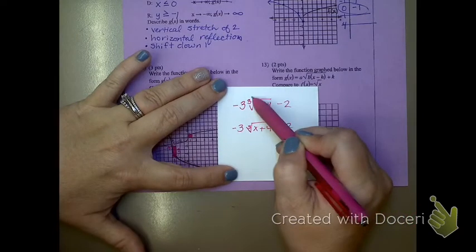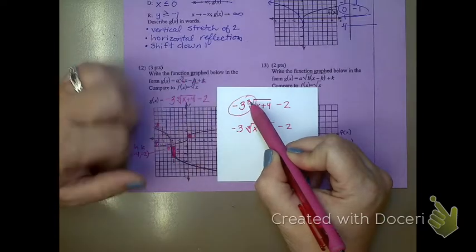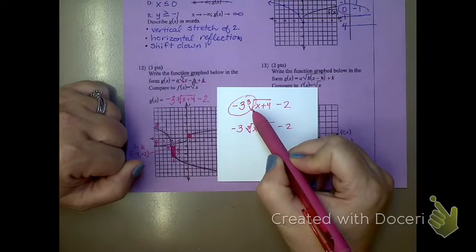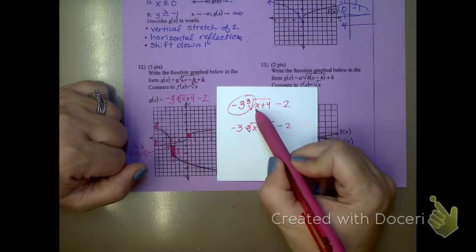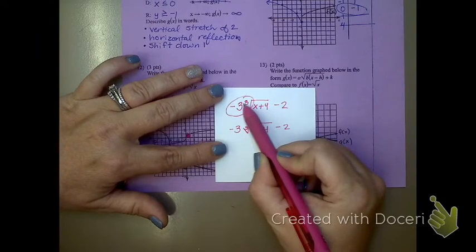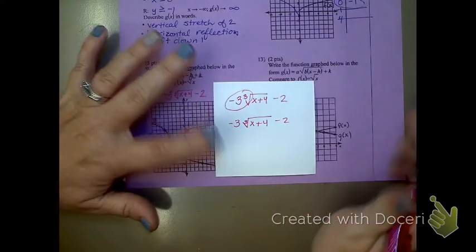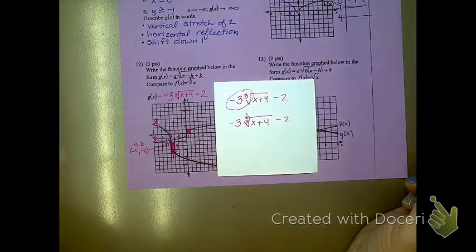Right here, it's a little bit unclear to me whether that's -3 cubed times the square root of x plus 4, or if it's -3 times the cube root. I don't really know if it's a square root or cube root, and sometimes people bump that 3 out and it gets even more confusing. Really try and tuck that 3 into the root, into the radical.